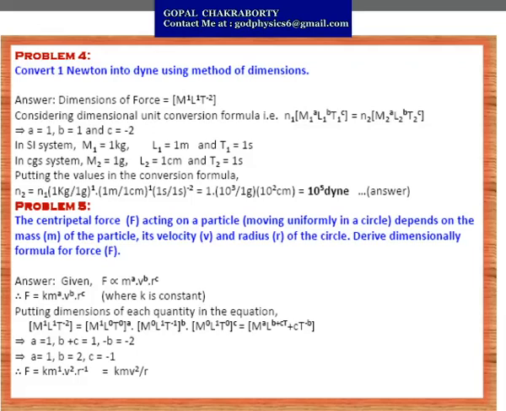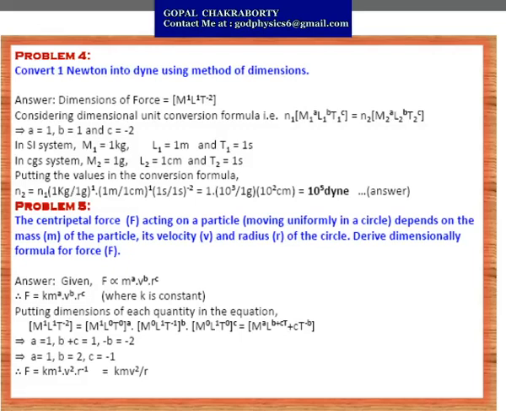Now considering the dimensional unit conversion formula, therefore n1 into [M1 to the power a, L1 to the power b, T1 to the power c] equals n2 into [M2 to the power a, L2 to the power b, and T2 to the power c].